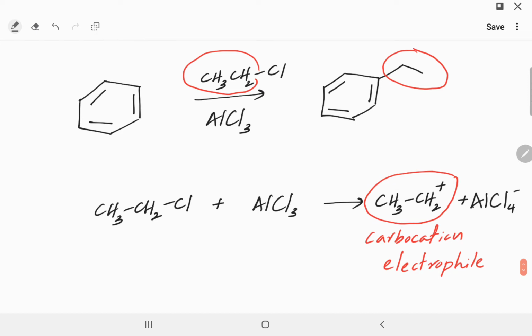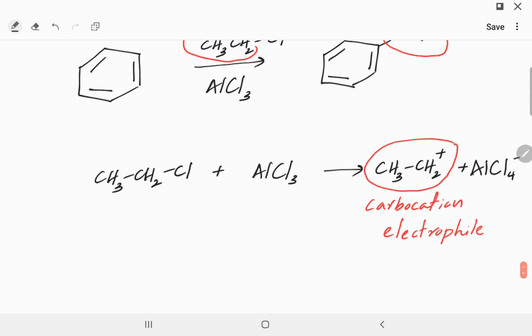When you react your alkyl halide with AlCl3, the AlCl3 is going to take the halogen from the alkyl halide, giving you a carbocation, because of the positive charge. This carbocation will be your electrophile.